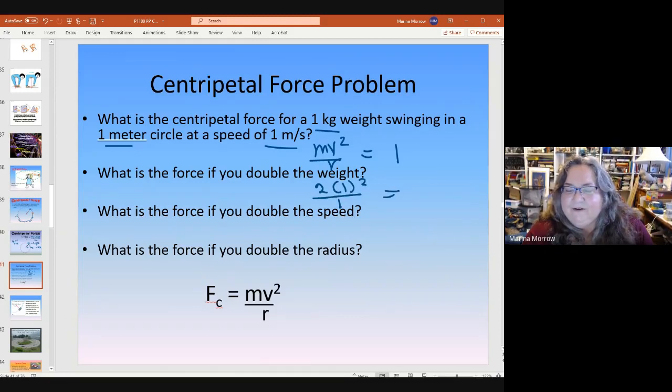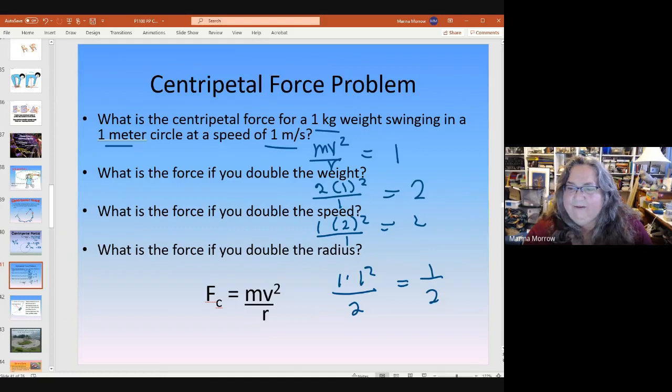So that's going to be 2. What happens if you double the speed, but leave everything else the same? That's going to be 4. And if you double the radius, then you end up with 1/2.